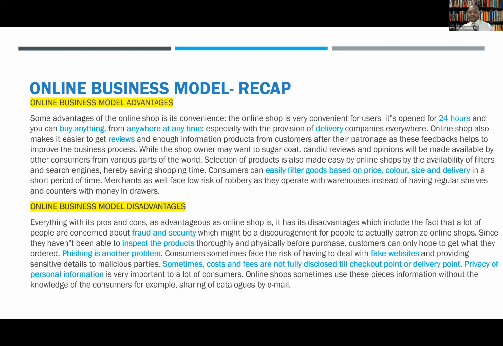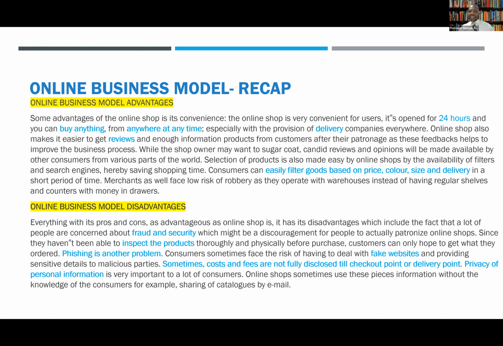Sometimes costs and fees are not fully disclosed until you check out. This has happened to many, many people that I know. A product is advertised as, let's say, $3. By the time we get to checkout and pay additional fees, shipping fees, the product becomes, let's say, $30.